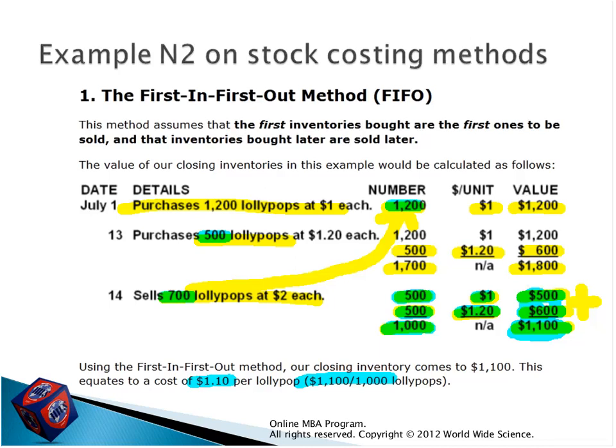So you can imagine how many calculations would be done. So let's see the next method, the LIFO. How we can calculate inventories by the LIFO method, okay?